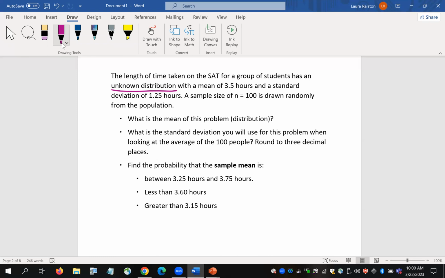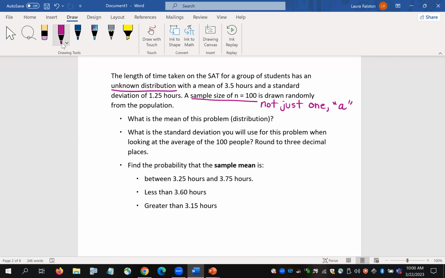Okay. It also tells me that I'm going to draw a sample size of n equals 100, not just 1. Remember, I kept pointing out Monday that in all of the examples that we looked at Monday, it wanted us to select a randomly selected student or a randomly selected item. They wanted us to select just one.